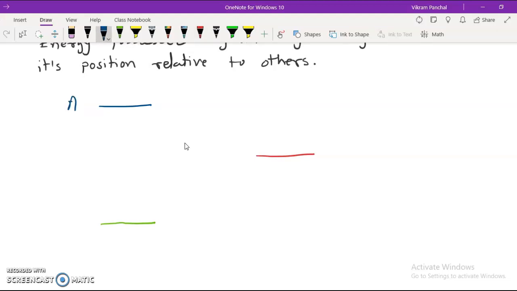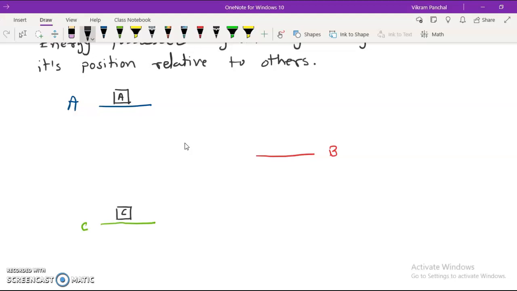The first one is A level, second one is B level, and third one is C level. There are two objects of the same mass. One is on A level, let us call it A object, and one is on C level, we call it C object.